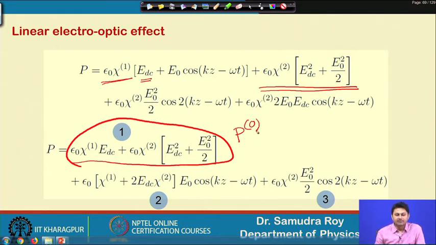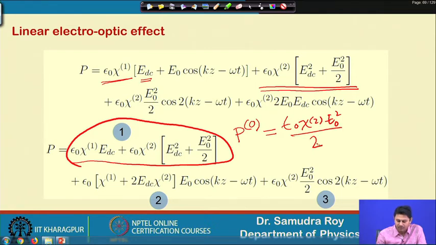Mind it, in the previous case, when we were trying to find out what P 0 was, our P 0 was simply epsilon 0 chi 2 E square divided by 2.